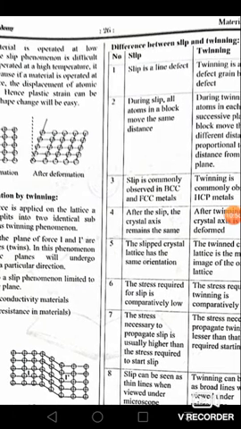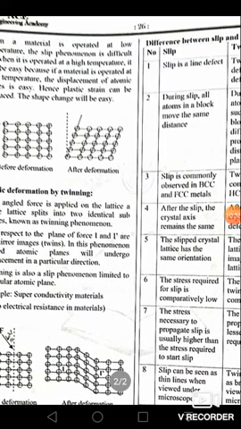So kindly remember, in this video we have completed the Burgers vector, which is related to the deformation of materials, and also we have seen mechanisms of plastic deformation, like plastic deformation by slip and plastic deformation by twinning. So we have seen all the differences between the slip and twinning, and in the next video we are going to see the answers for the objective questions on this total chapter.